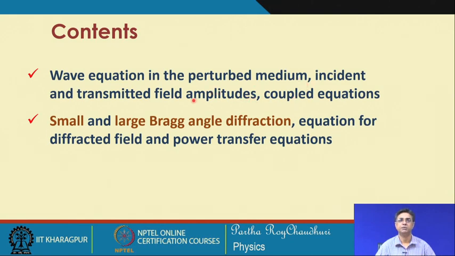We will see that this coupled wave equation is not very simple to solve, so we will make approximations for small and large Bragg angle conditions. Then this discussion will focus more on small Bragg angle diffraction.